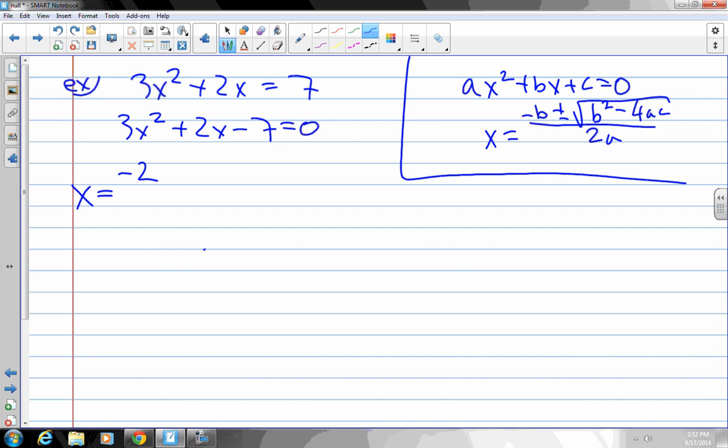So, negative b plus or minus the square root of b squared minus 4 times a times c, all over 2a. Is that okay? I'm just bringing down the numbers from the equation.